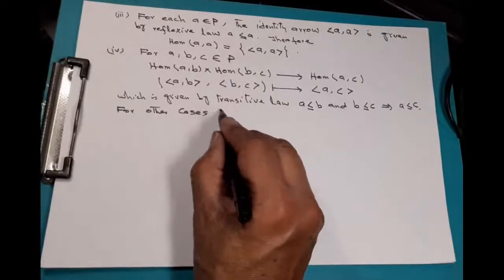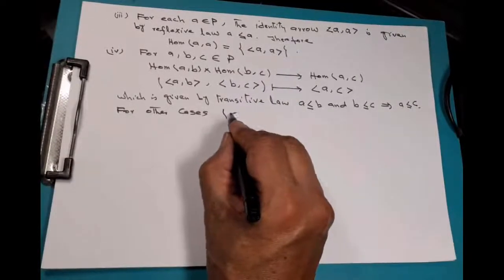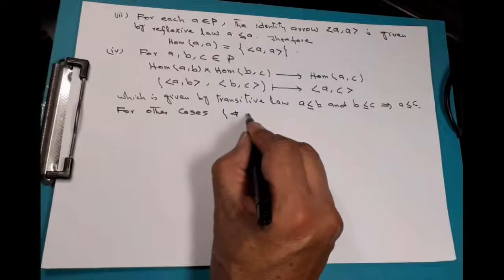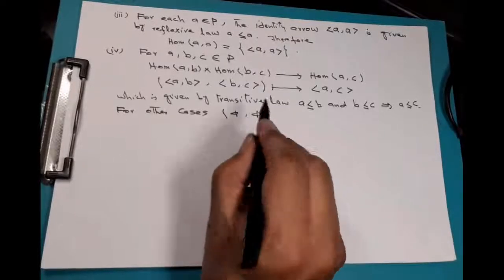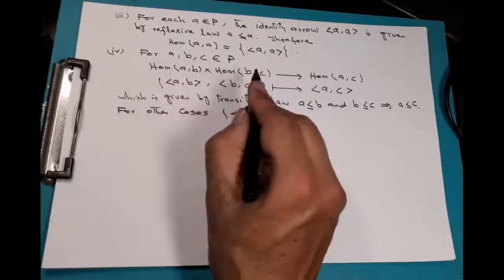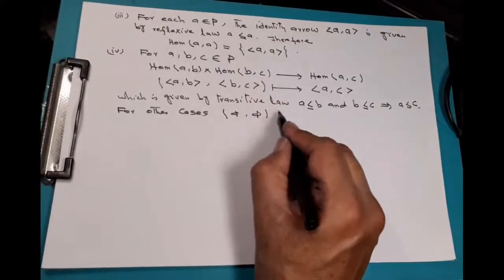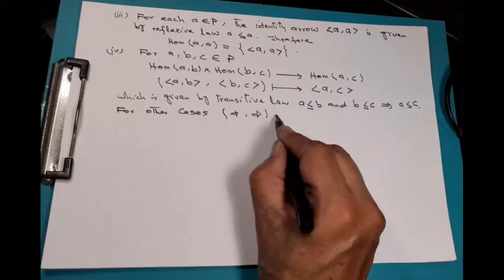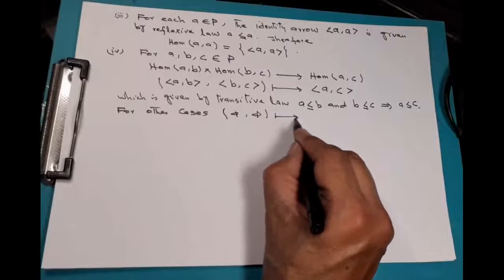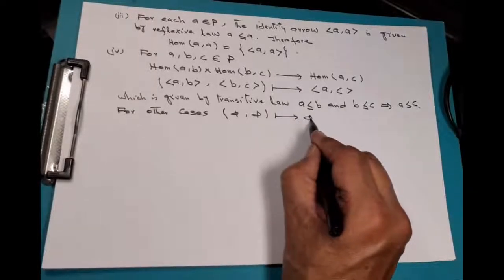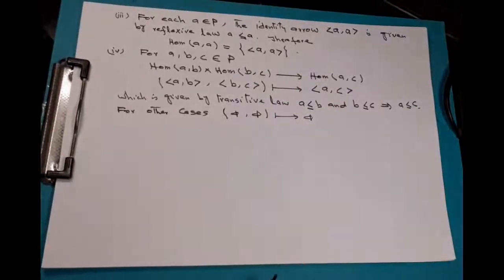If it is phi and it is phi, if there is no arrow from A to B, there is no arrow from B to C, then there will be no arrow from A to C. And you can manipulate for other cases as well. So this is the way we define composition of arrows.